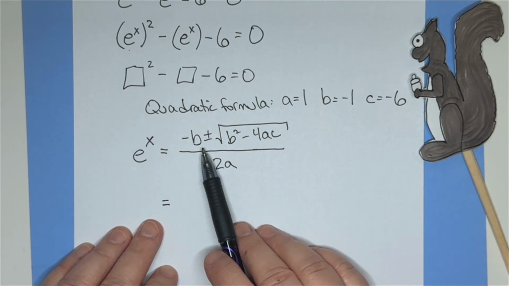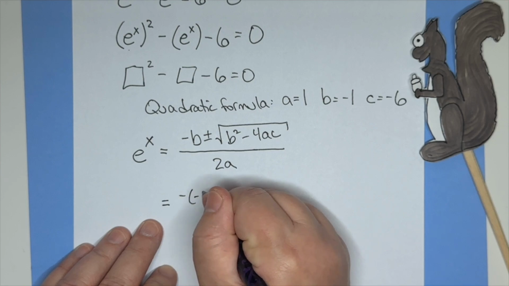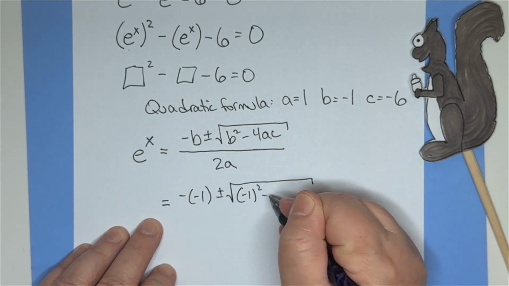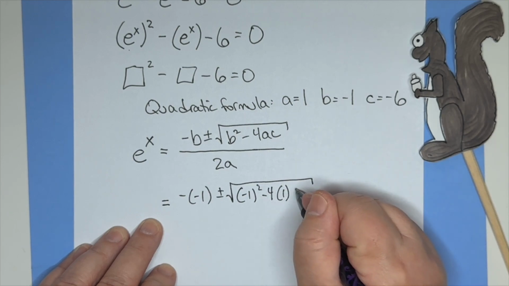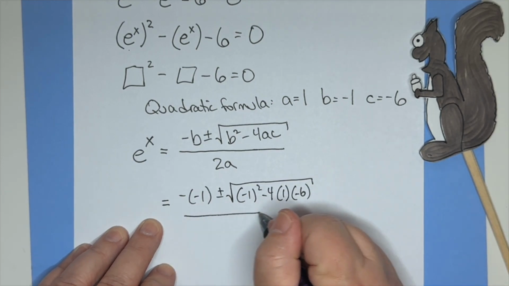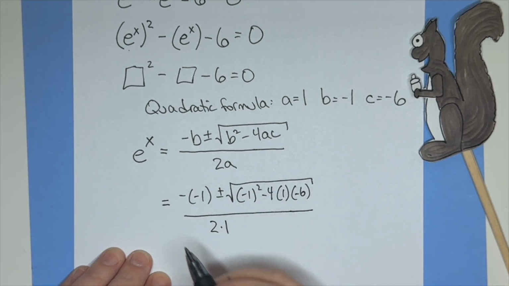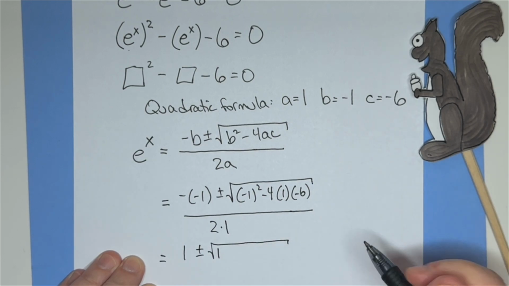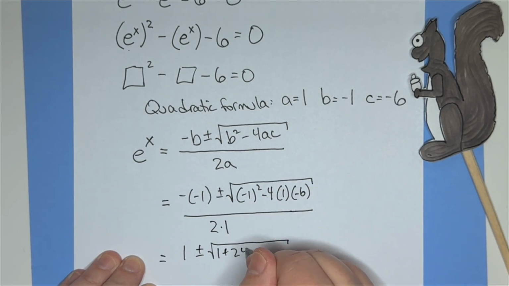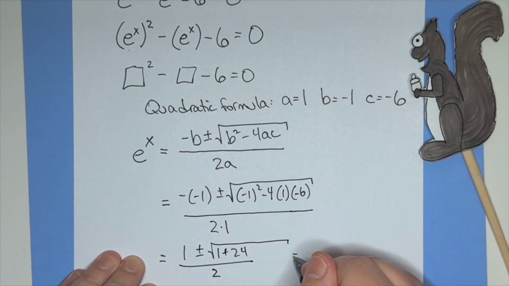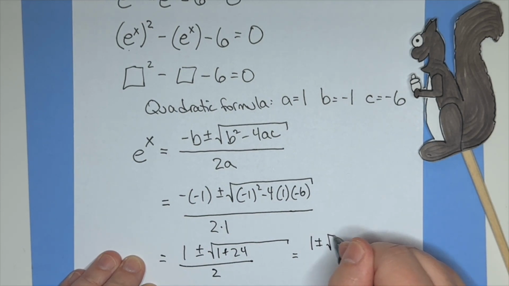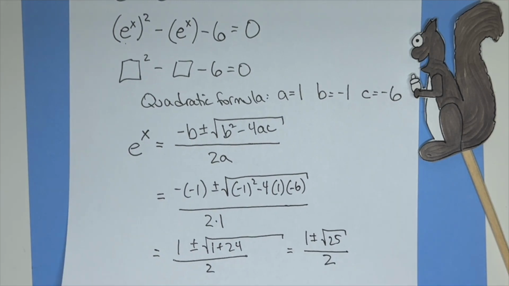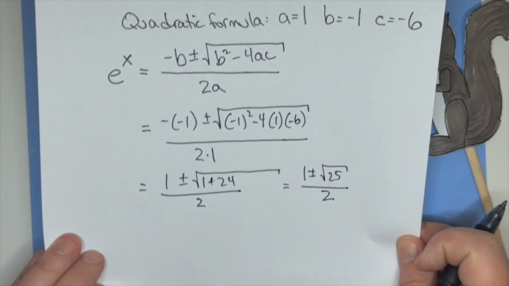So I take the opposite of b, which is the opposite of -1, plus or minus -1 squared minus 4 times 1 times -6, all over 2 times 1. So that's 1 plus or minus radical 1 plus 24 all over 2, which is 1 plus or minus radical 25 all over 2.